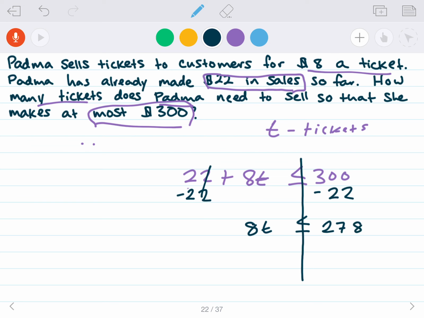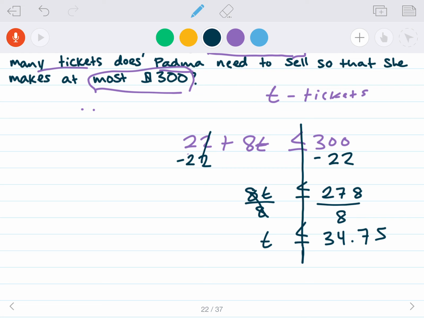Alright, and now what we need to do to get t by itself is divide both sides by 8. And we get that t is less than or equal to 34.75. Okay, so now we're talking about tickets here.